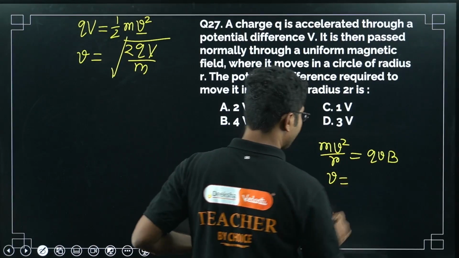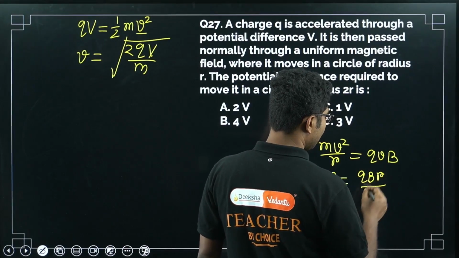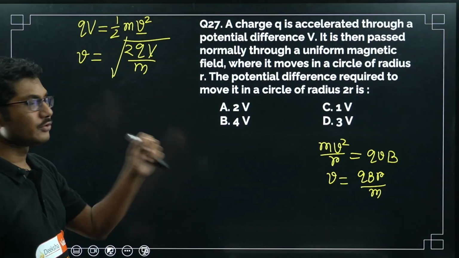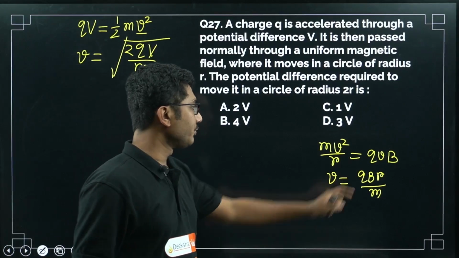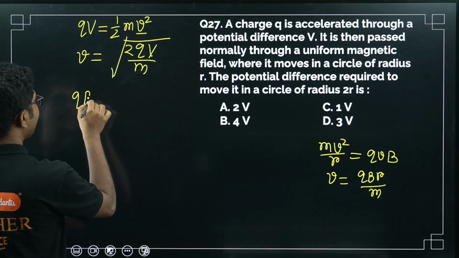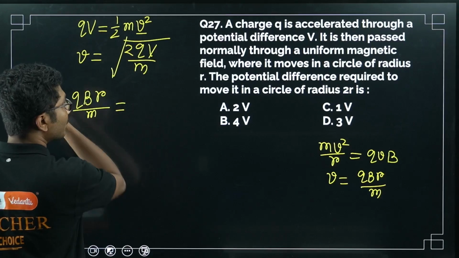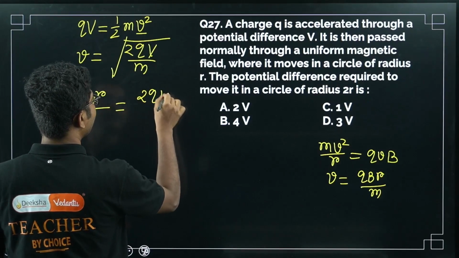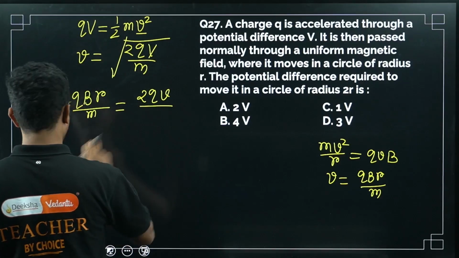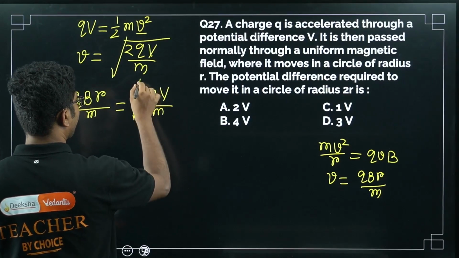And from here we just need to calculate the value of v again. So v equals qBr by m. These two velocities should be equal. So we can write that qBr by m equals square root of 2qV by m.